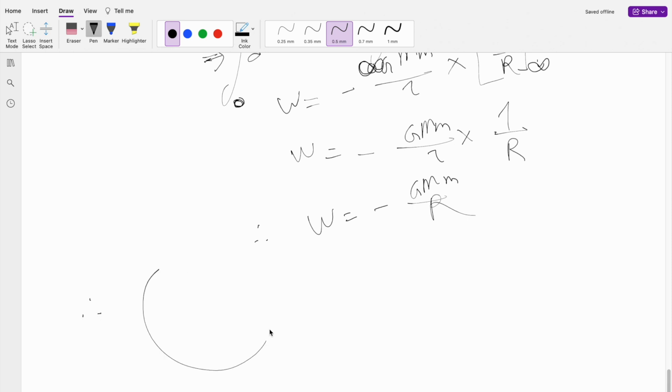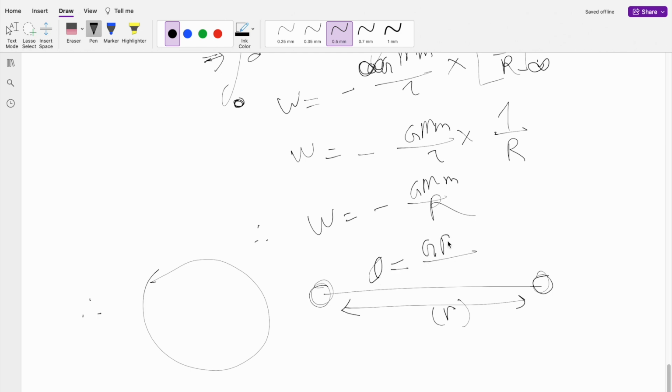Now, in quantum mechanics, if two objects maintain an r distance, they have a potential energy.